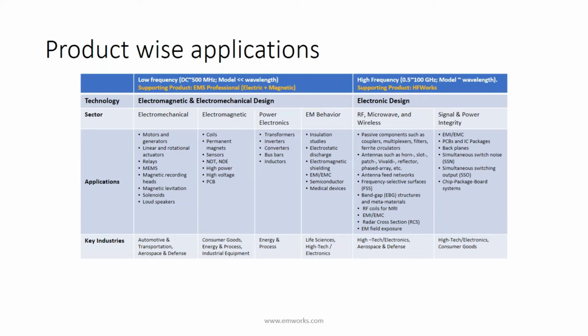Some of the major industries that we play a role in are actuators, motors and generators, loudspeakers, magnetic recording devices, and levitation devices, serving mainly transportation, automotive, defense, and aerospace companies. We can also simulate coils, permanent magnets, NDT devices, sensors, etc., that can cater to key industries in consumer goods, energy, and industrial processes.